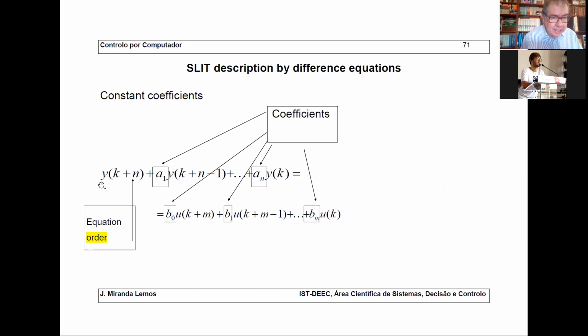So what you are saying is that you are relating the output at time k plus n, generic k, with the previous samples of the output and with the previous samples of the input. I say previous because if m is smaller than n, then this happened before y of k plus n. So this is a difference equation. At least some of you, if not all of you, have studied difference equations.